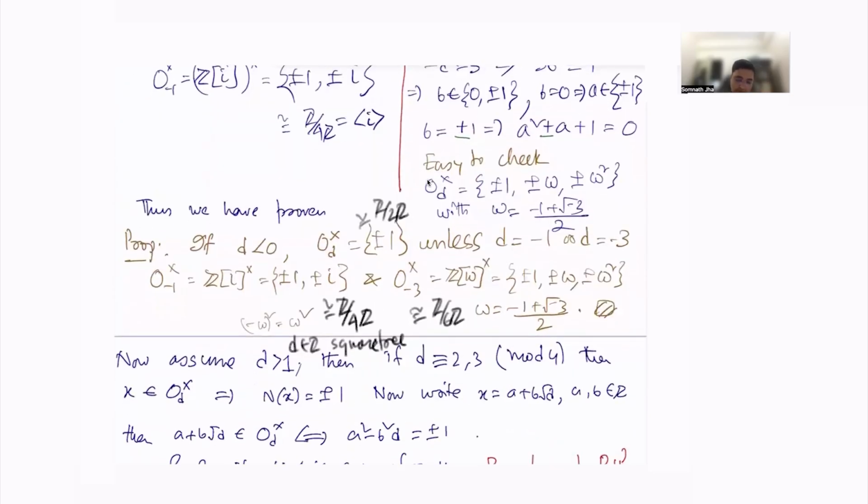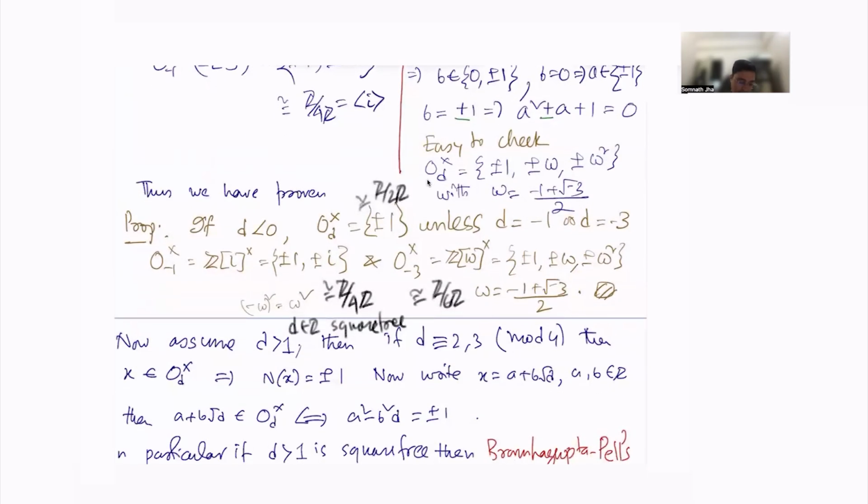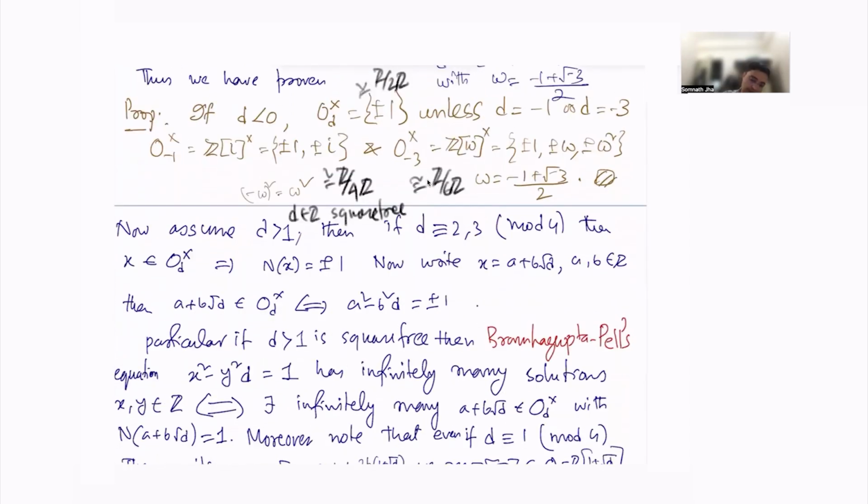And then if D is 2 or 3 mod 4, then again it is the norm, if norm x is equal to plus minus 1. Now in the real case, again you write x equal to a plus b root d, a, b belong to Z. Then a plus b root d is a unit, that means it's in OD star, if and only if a square minus b squared d is plus minus 1, and both can happen.